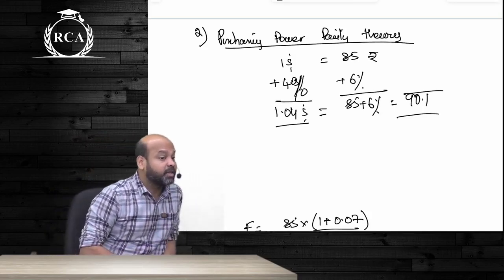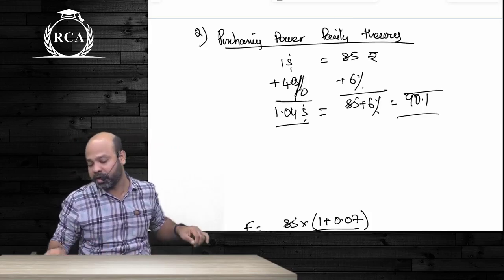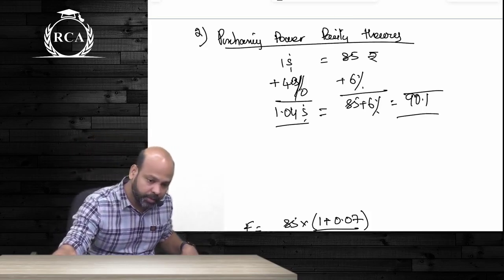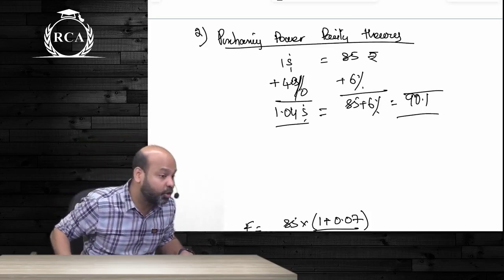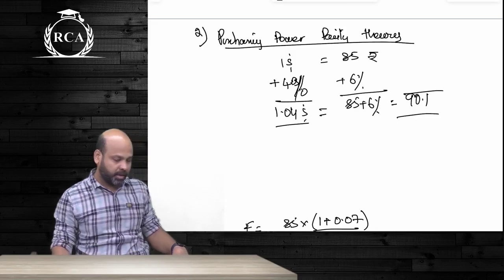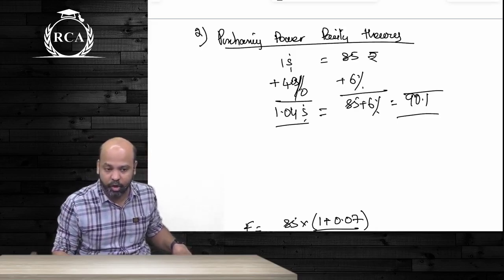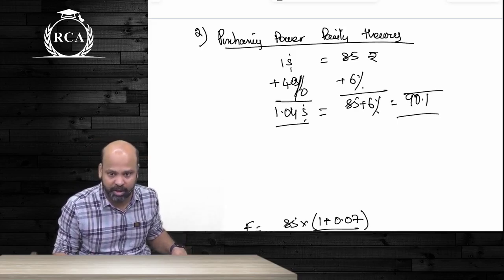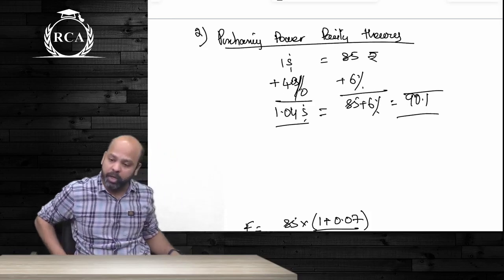So they might ask us to compute real interest rate, guys. By default, if they give both inflation rate and interest rates, which one are you going to use? Interest rate parity theorem. That makes more sense, beta, rather than taking only purchasing power parity theorem. Those interest rates are also based on what, guys? Nominal interest rates. 1 plus nominal interest rate will be equal to 1 plus real interest rate into 1 plus inflation rate.